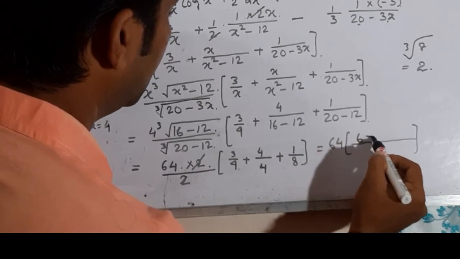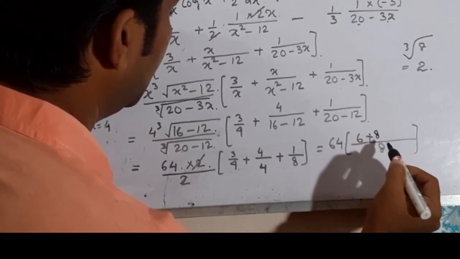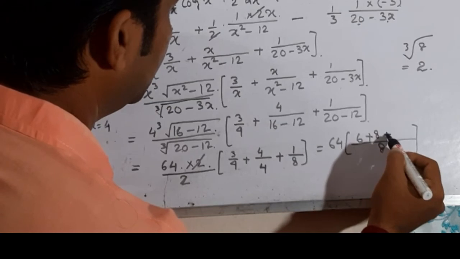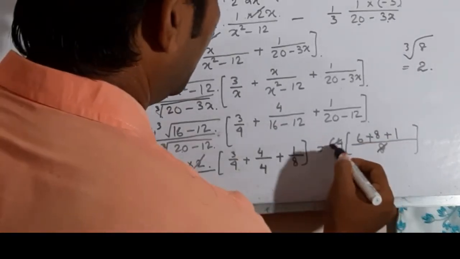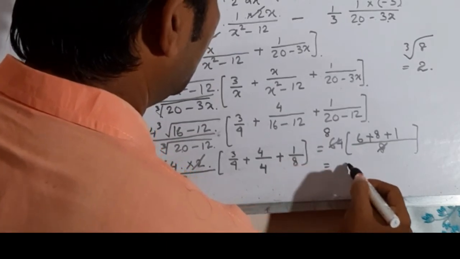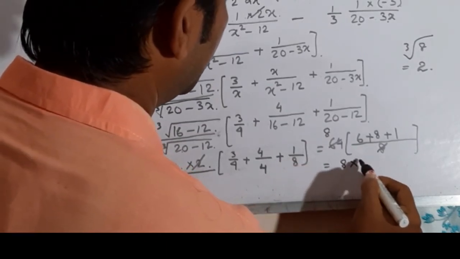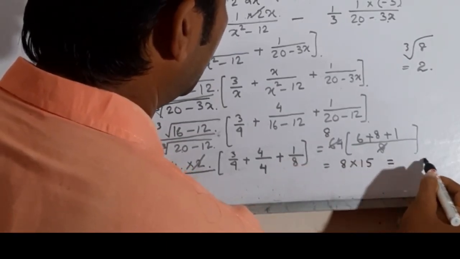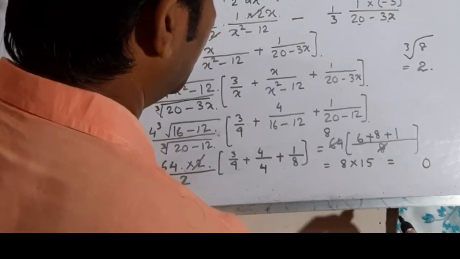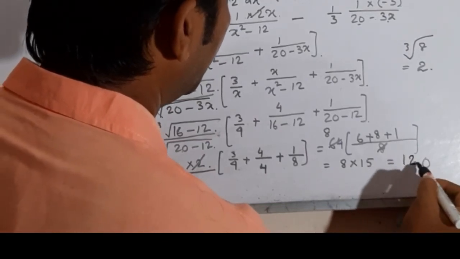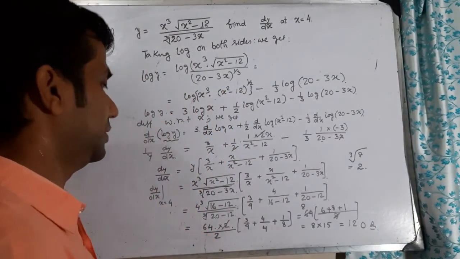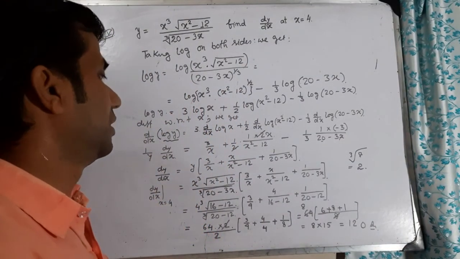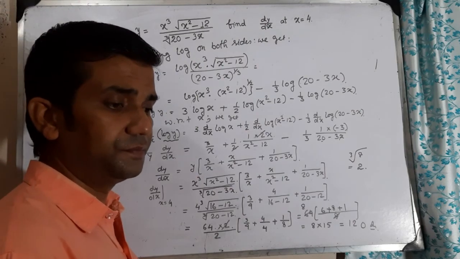This is 6, this is 8, and this is 1. 8 8s are 64, that 8 into 15. Your answer is 120. So your answer is 120.